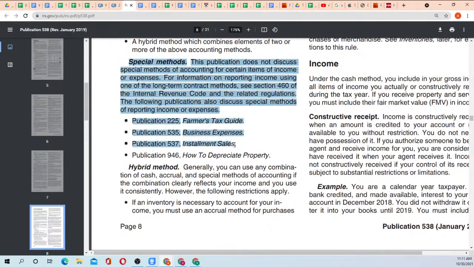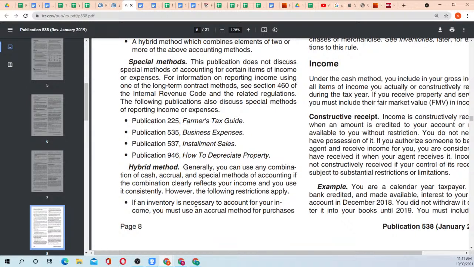So special methods, and they also refer to Publication 535 business expenses, which is the other one we have here. And they continue that you can generally use a combination of methods, but with the following restrictions. And that's an important restriction for us.